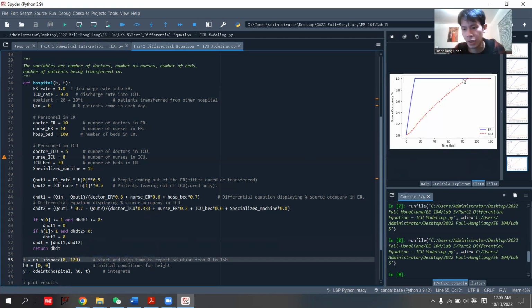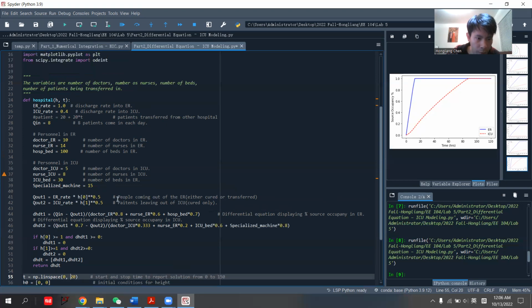Then we can see that at almost 85 hours, the emergency unit has already reached full occupation, and the ICU is also saturated, because they cannot handle it with not enough doctors, nurses, or other resources for the patients. So let's set the code back.